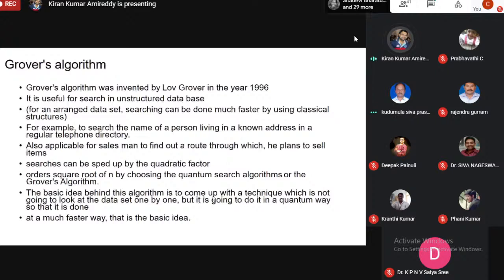How does this algorithm work in classical computing? Suppose we are searching for a name in a telephone directory.